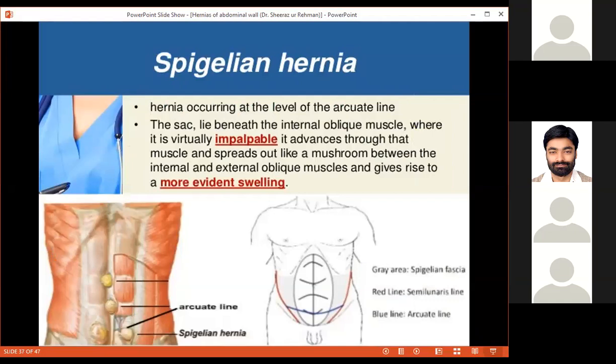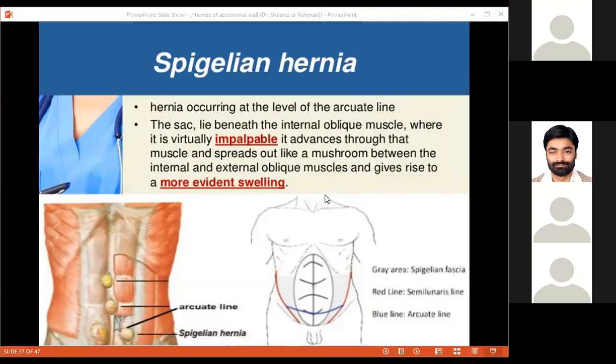Now coming on to the Spigelian hernia, you must have heard about the arcuate line, right? These are the congenital intersections where the sheaths combine and provide strength to the anterior abdominal wall.